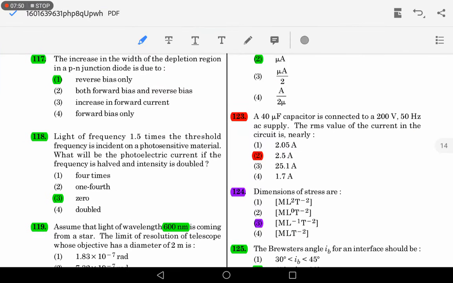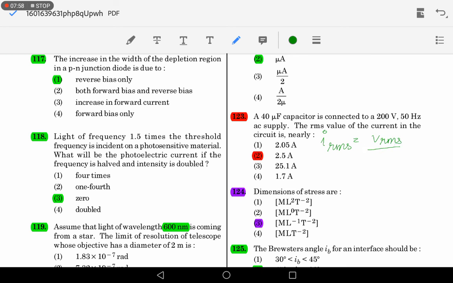For the next question, XC equal to 1 by omega C, IM equal to VM by 1 by omega C, or IRMS equal to VRMS by 1 by omega C, which is VRMS into omega into C.